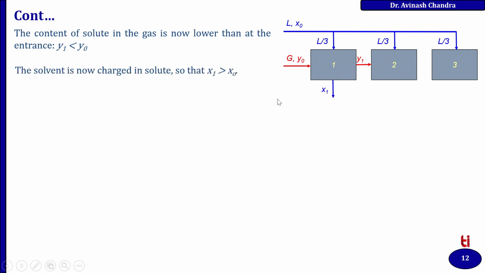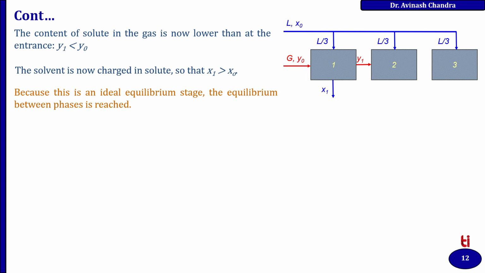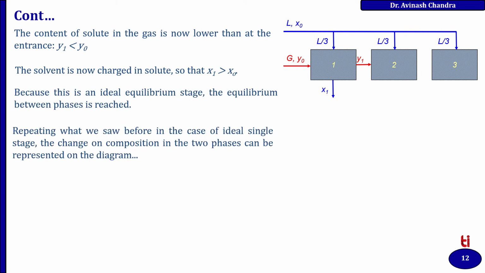So the solute in the solvent will increase, so x1 is greater than x naught and y1 is less than y naught. Because these are ideal equilibrium stages, x1 and y1 are in equilibrium.